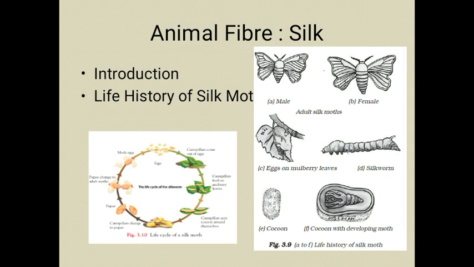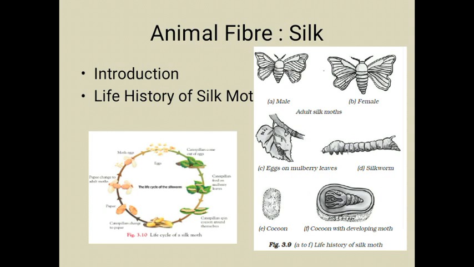Inside that cocoon, the silkworm enters the second stage of its life. In that cocoon, the pupa is developed into the moth. In nature, this life cycle occurs once in a year.